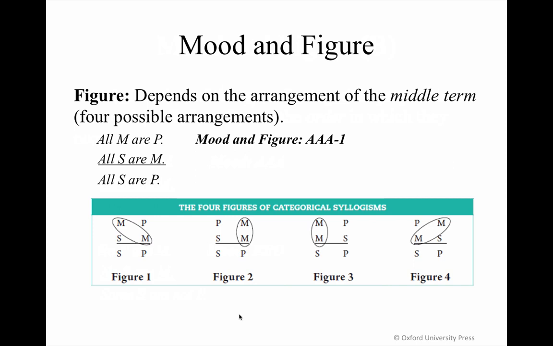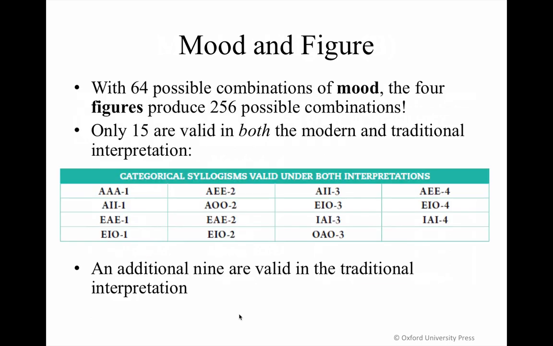So going back to one of our examples, the mood was AAA, and you can see from the location of the middle term in the major and minor premises respectively that the figure is 1. This is a handy chart that will tell you which categorical syllogisms are valid under both interpretations.